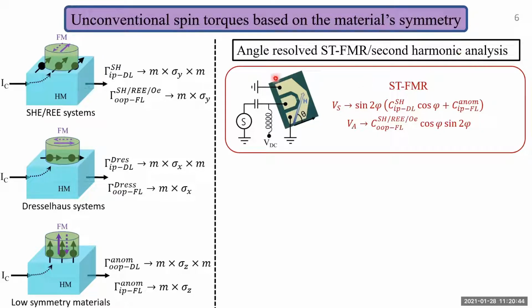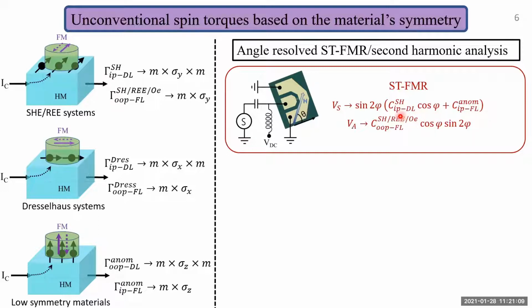So we can set the magnetic field at a defined angle with respect to the current and get the symmetric and antisymmetric components as a function of phi, the in-plane angle between current and magnetization. From the angular dependence of them, we can actually quantify all 6 terms. Here for simplicity, I have shown 3 terms.